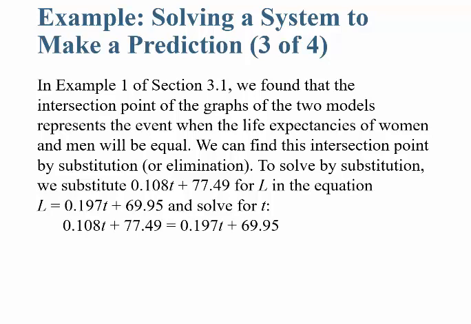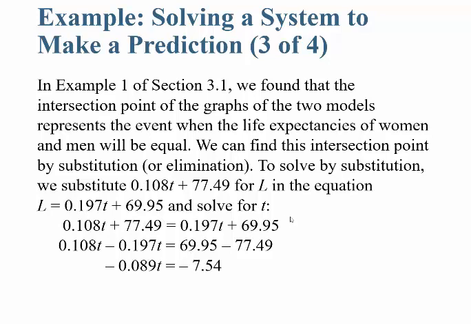When you set these two equations equal to each other, from here it's just solving a very simple linear equation. I'm going to move this to one side, and subtract this to the other side. When I subtract the terms with the t, I get minus 0.089t. When I subtract the constant terms, I get minus 7.74.